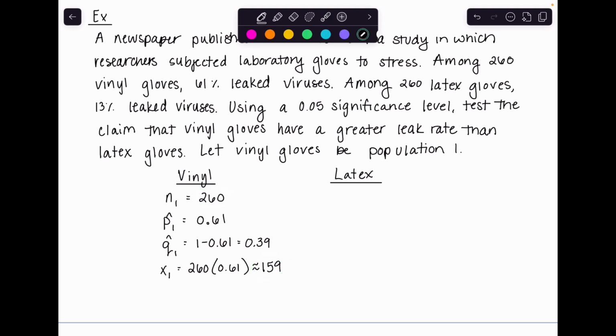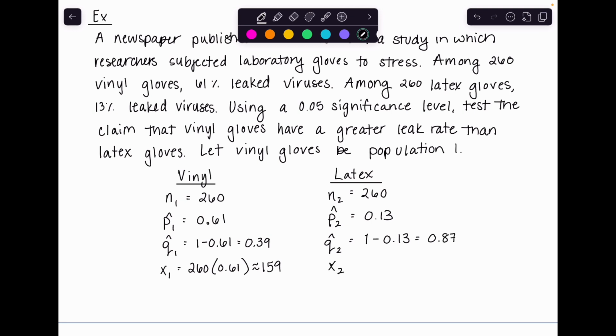Now for the latex, that sample population is the same size by chance, doesn't have to be. And here the proportion that leaked is 13% instead. So its complement, the amount that didn't leak is 1 minus that amount. So 87% did not leak viruses.